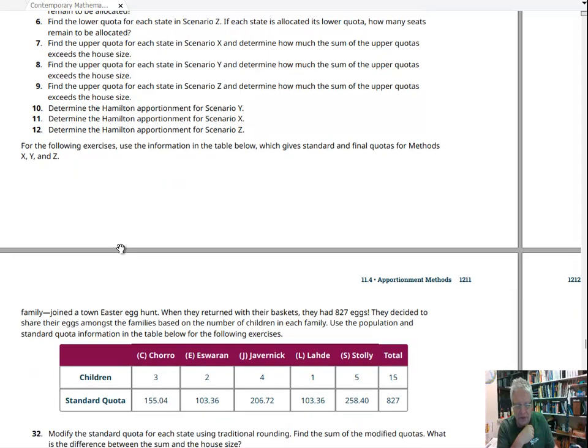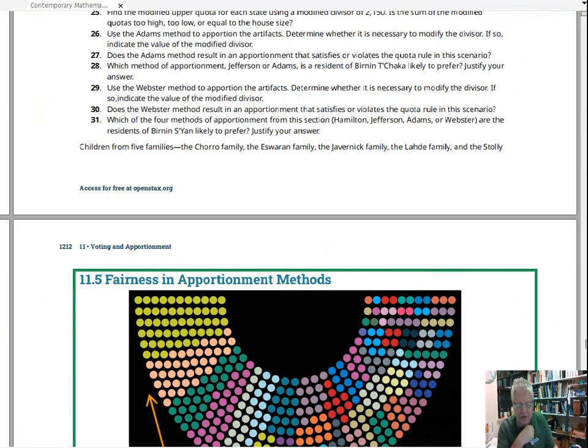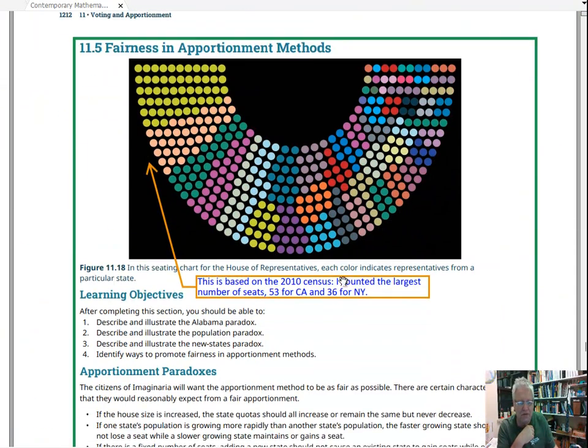Which one do I want? I think the next page is coming up here. There we go. Fairness and apportionment methods. I like this kind of chart here. It shows us the 435 seats in the House of Representatives, and it's color-coded by each state, and they didn't list which house this is. Is it the 85th House? Is it the 110th House?